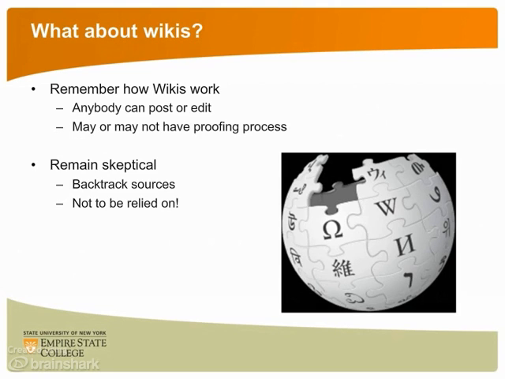Anyone can load information to wikis. Anyone. Maybe the post was written by a subject matter expert. Or maybe it was written by a 10-year-old who was bored and felt like making something up. A wiki may, or may not, have a proofing process before it is allowed to post, so you must be very careful. You should remain skeptical of information received from a wiki. Track any sources listed.